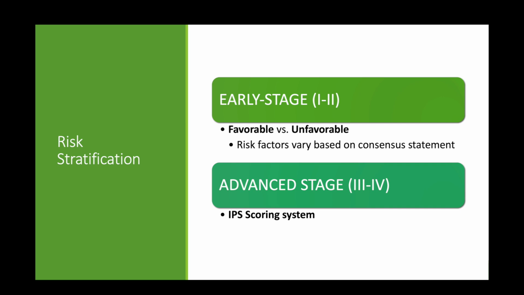So just remember for now that early stage is divided into favorable versus unfavorable, and that determines the treatment paradigm. And then advanced stage has its own treatment paradigm. For advanced stage, we can use something known as the International Prognostic Score, or the IPS, to prognosticate their outcome, but it doesn't really affect our management. Advanced stage are typically managed all the same, and then for early stage, management is different for favorable versus unfavorable.